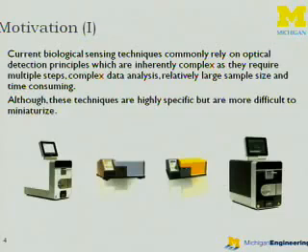Moving on to the motivation of my research, current biological sensing techniques commonly rely on optical detection principles, which are inherently complex, as they require multiple steps, complex data analysis, relatively large sample size, and are time-consuming. We understand that these techniques are highly specific and sensitive, but it's more difficult to miniaturize them.